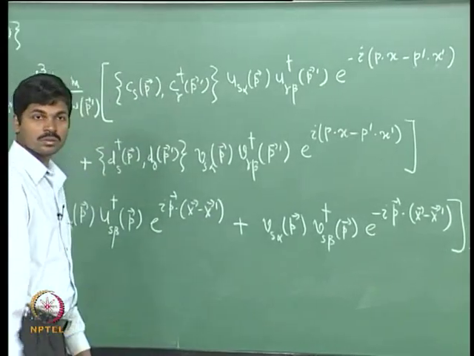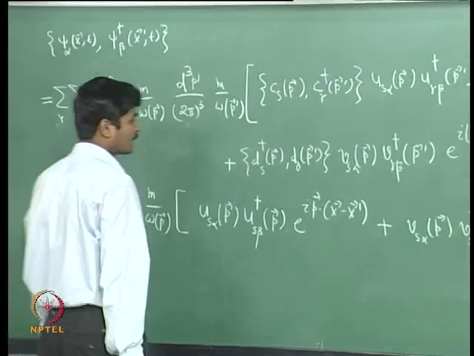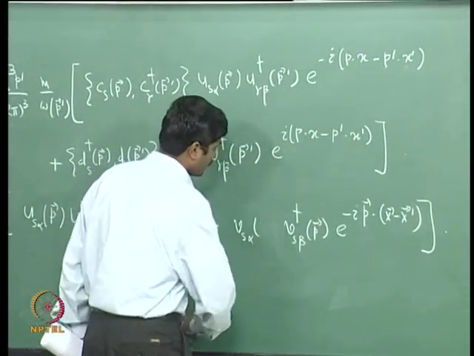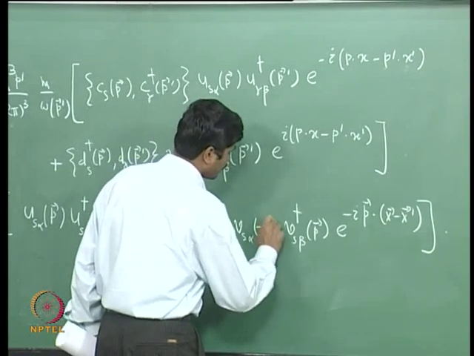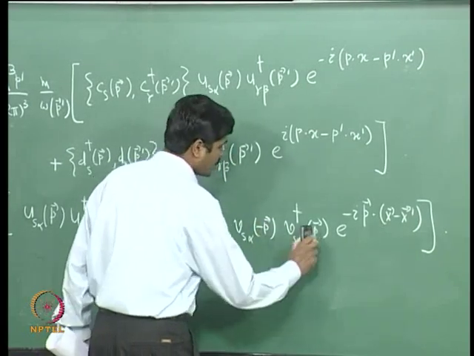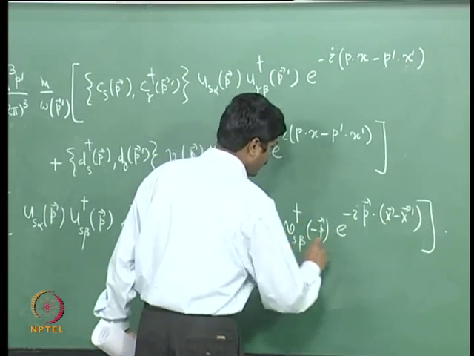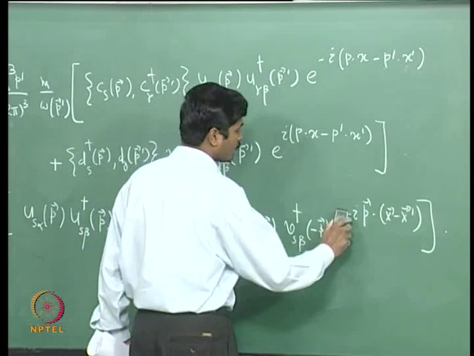Yes or no? Okay, so let's do that. So, what I will have here is V s of minus p and V s dagger beta of minus p, and here I will have a plus.